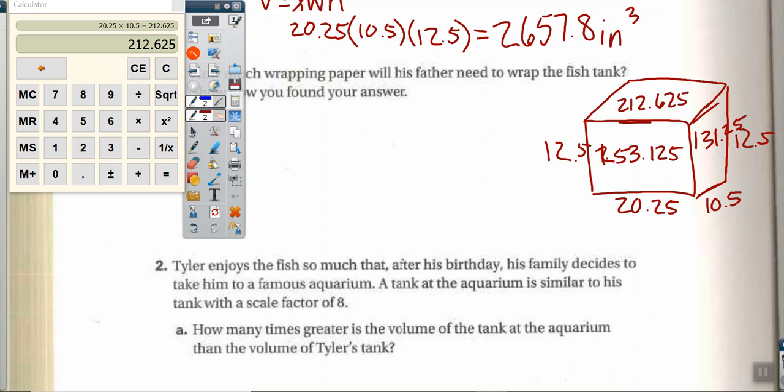Now finally, what I have to do is add up all of the sides and multiply by 2, because each side of the rectangle, there's 2 of them. So I'm just going to add them all up.